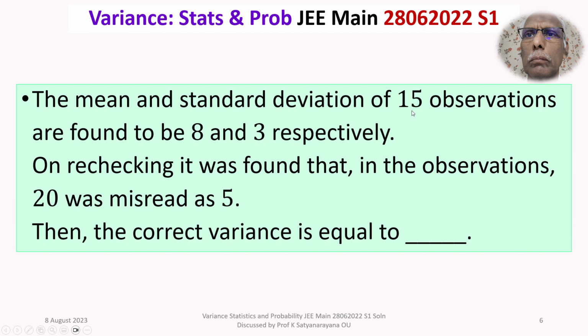We have 15 observations, and the mean and standard deviation of these 15 observations are given to be 8 and 3. On rechecking, it was found that an observation 20 was misread as 5.